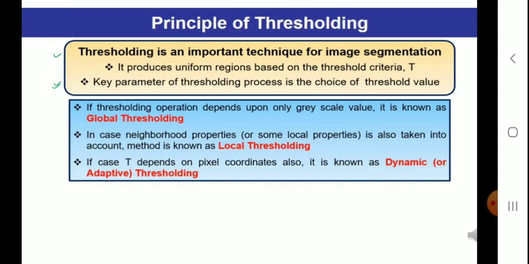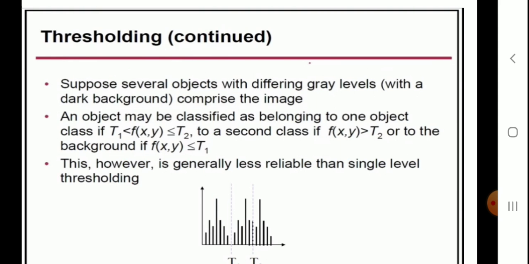If we have more than two modes, with different gray level values that comprise the image, then a point may be classified as belonging to one object class if T1 is less than f(x,y) less than or equal to T2, to a second object class if f(x,y) is greater than T2, or to the background if f(x,y) is less than or equal to T1. This is generally less reliable than single level thresholding.